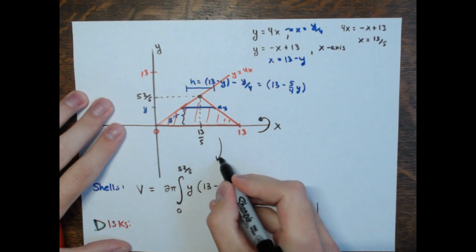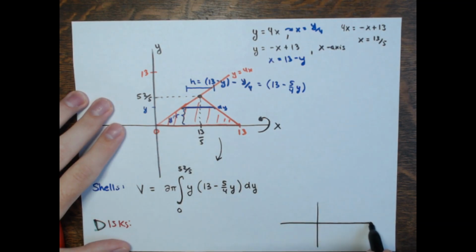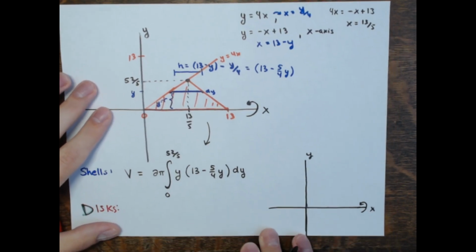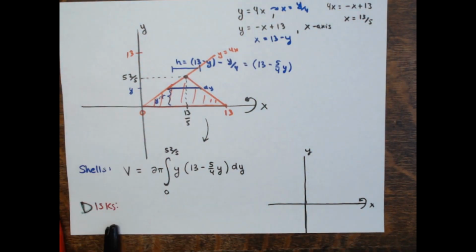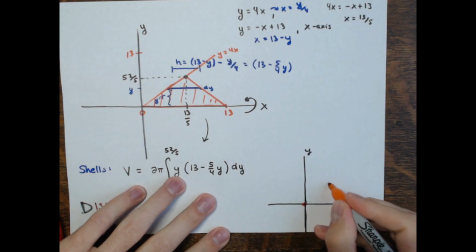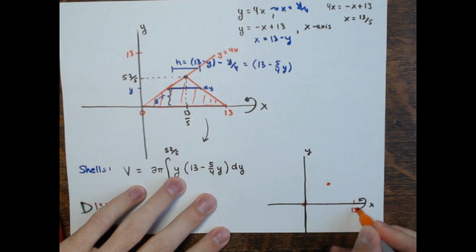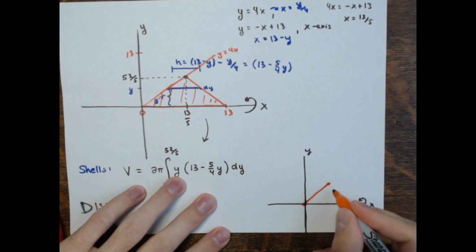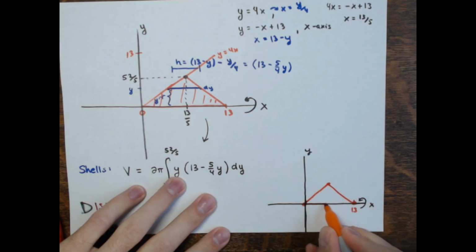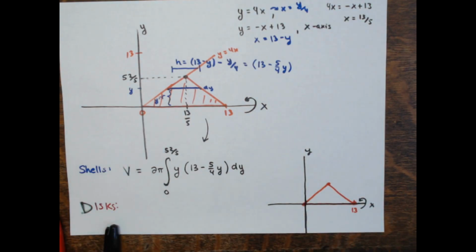So this was for shells, and I'll draw a smaller picture, but of the same curve, the same region. X, Y, we're rotating around the x. And we got 0, 0, then this point here, then here's 13, 0, and you got this triangle region.